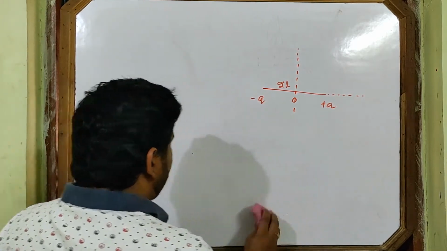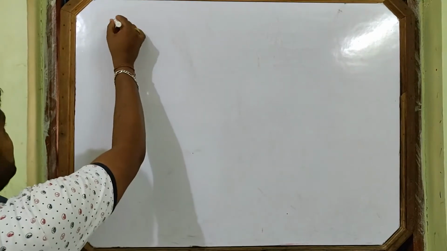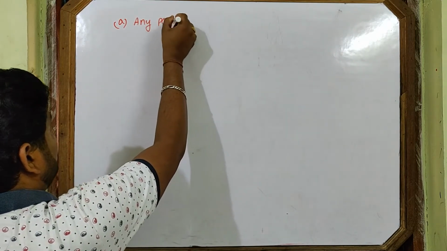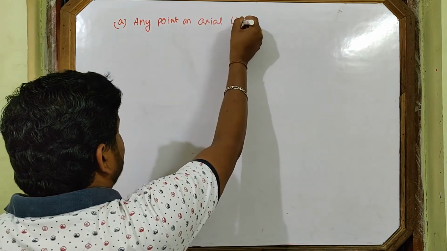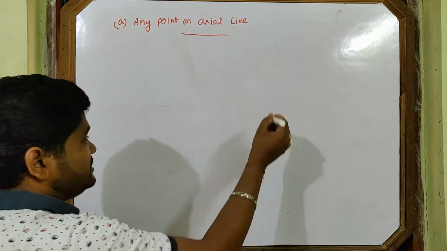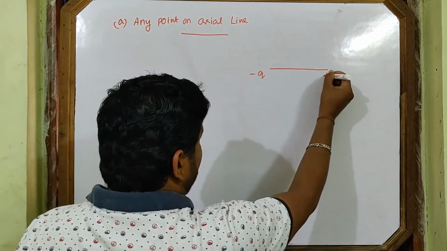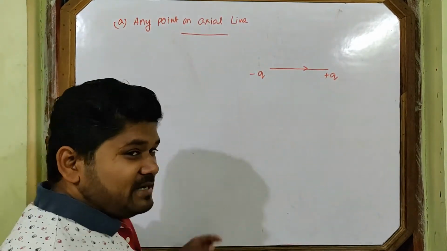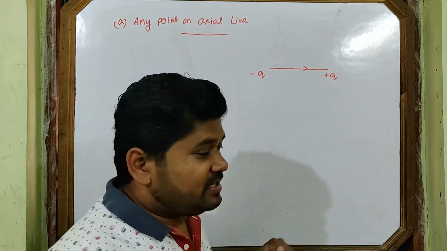Now let's come. First we'll do any point on the axial line. So this is the electric dipole, minus q, plus q. I am taking the direction of the dipole moment along the positive x-axis.